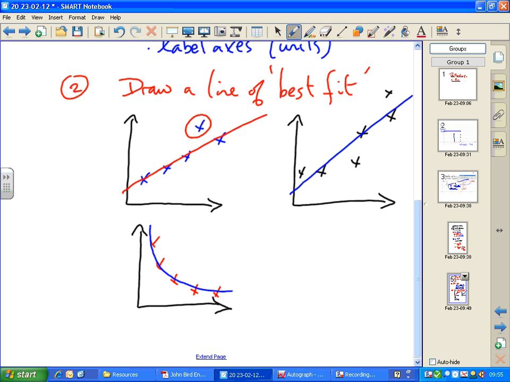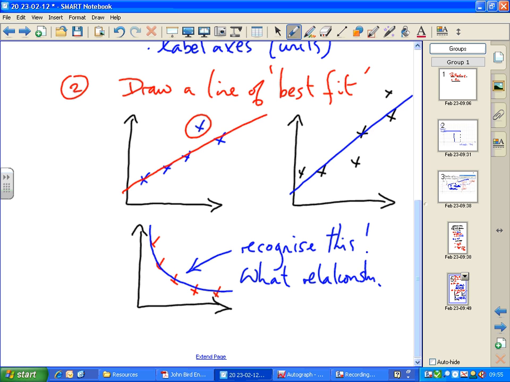And then what I need to do is to recognize this. What relationship does it suggest? And that comes from experience and knowing the shapes of some curves, which we're going to come on to.